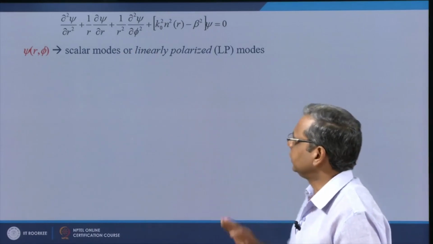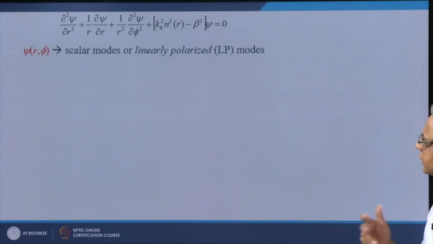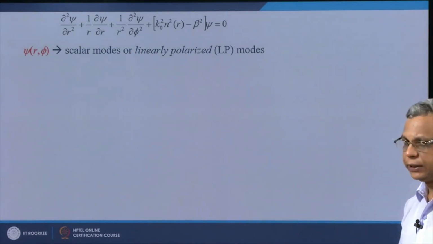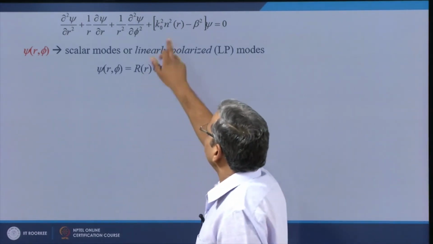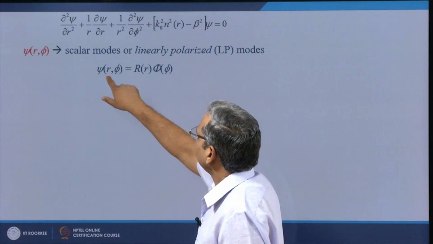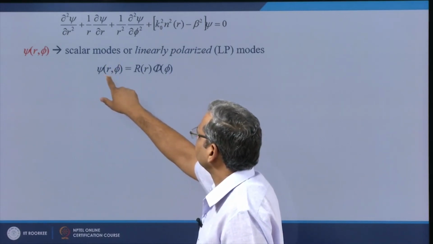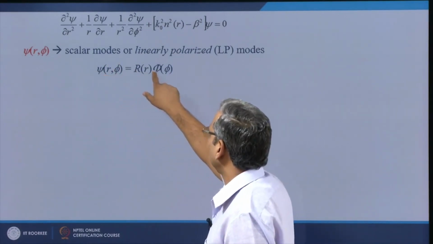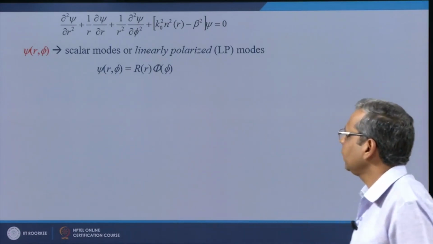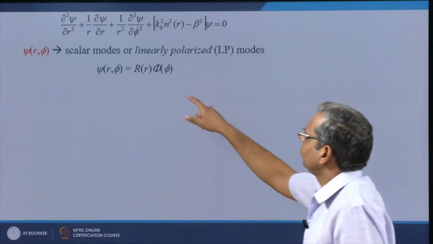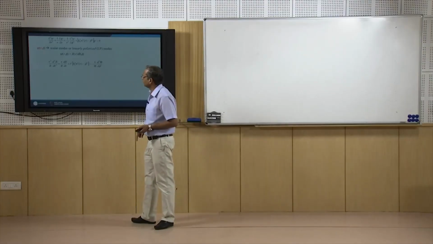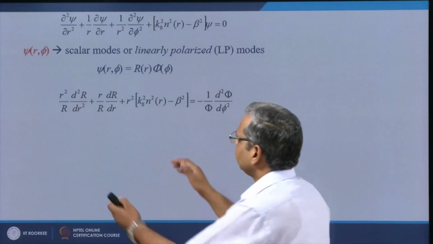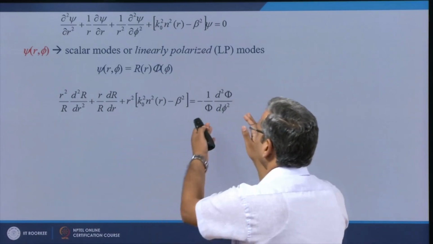And of the psi r phi, as I have said earlier, they are now the scalar modes or linearly polarized modes. So, since n square is a function of r only, not of phi, psi r phi can be written as capital R of r and capital phi of phi. And if I now put this back into this equation, then I can separate out the r part from the phi part.